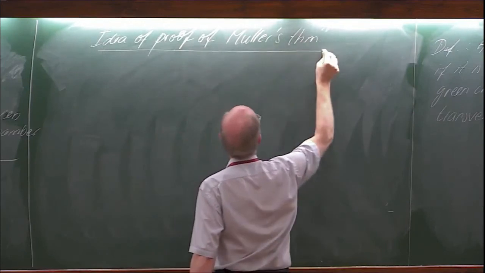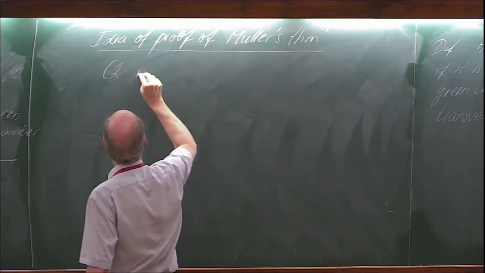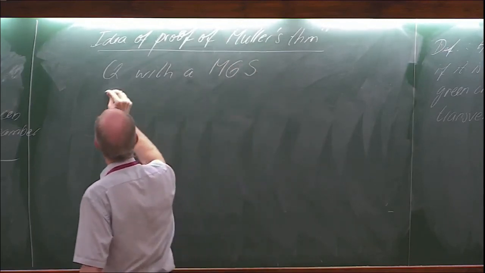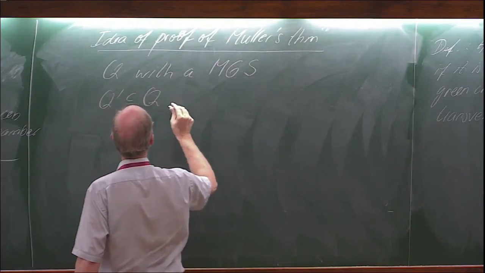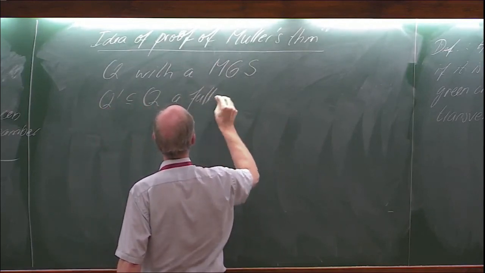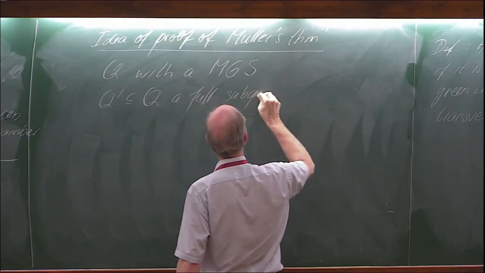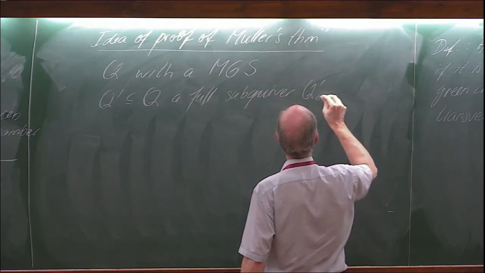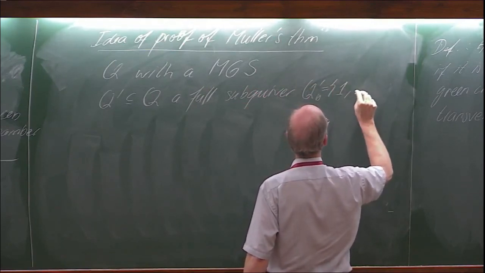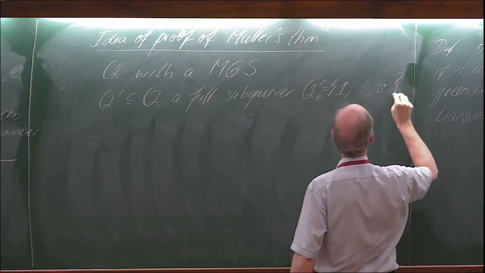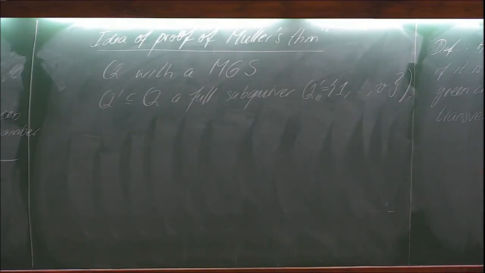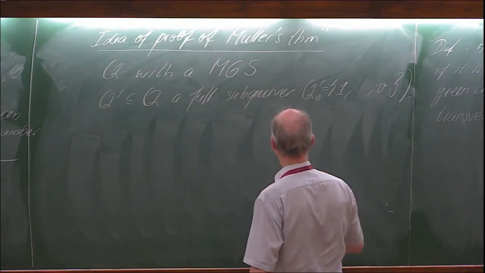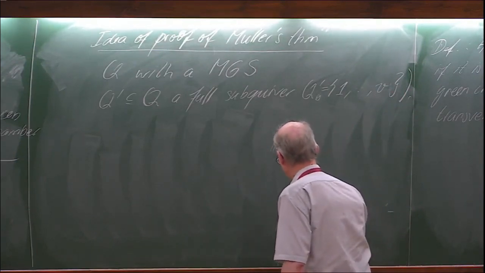Maybe you remember. So we have Q with a maximal green sequence. We have Q' in Q a full subquiver, let's say with vertices 1 up to v. Then we have R^r and we have R^v.